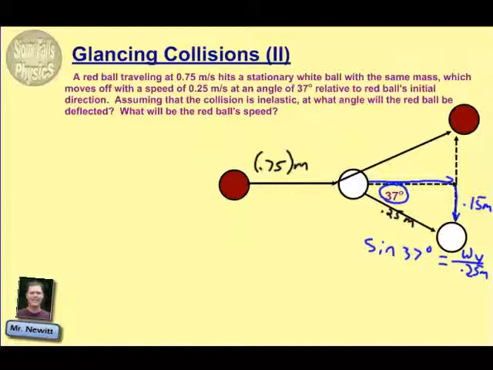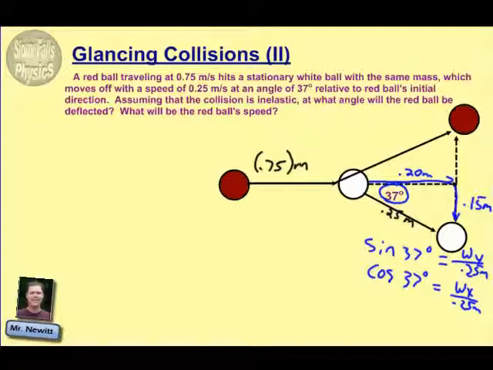And then I'm going to do the same thing to figure out the horizontal, taking the cosine of 37, and when I solve for that, I get a horizontal momentum of 0.20 times m. So that's for the white ball. And now that I know those components of momentum for the white ball, that'll help me figure out the components of momentum for the red ball.